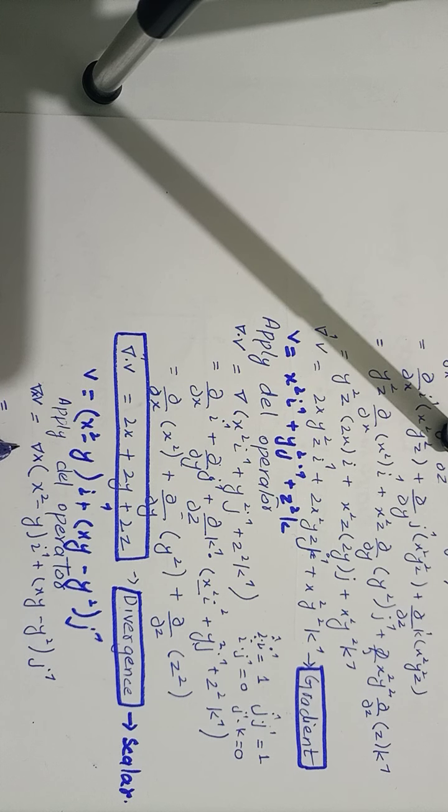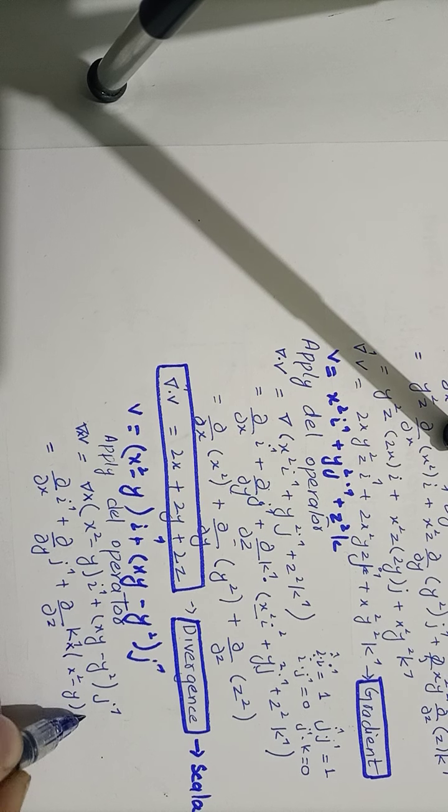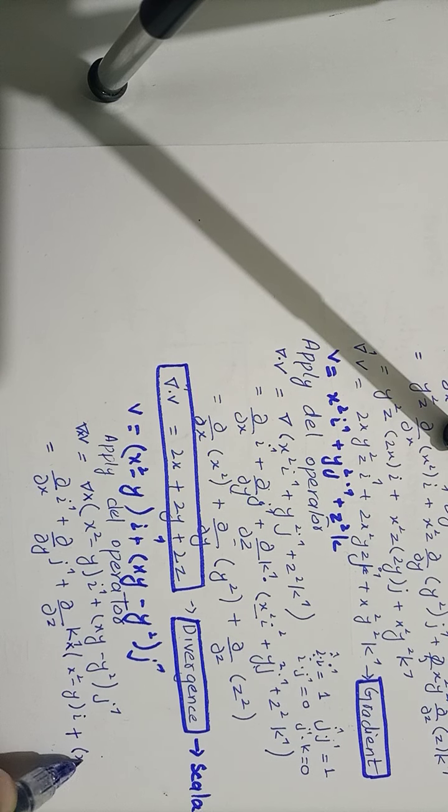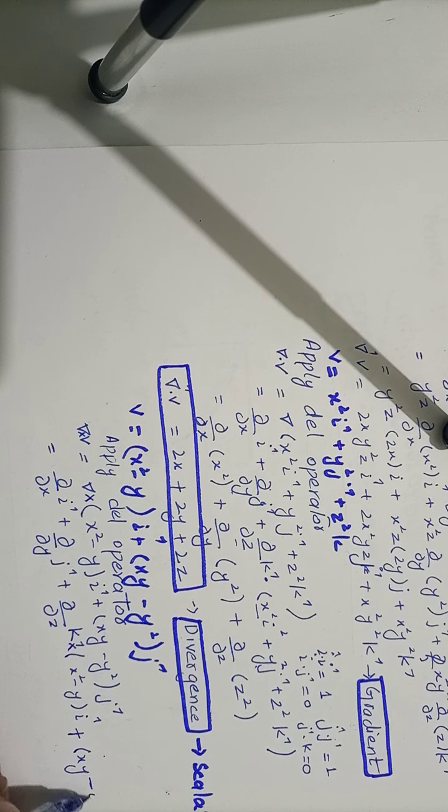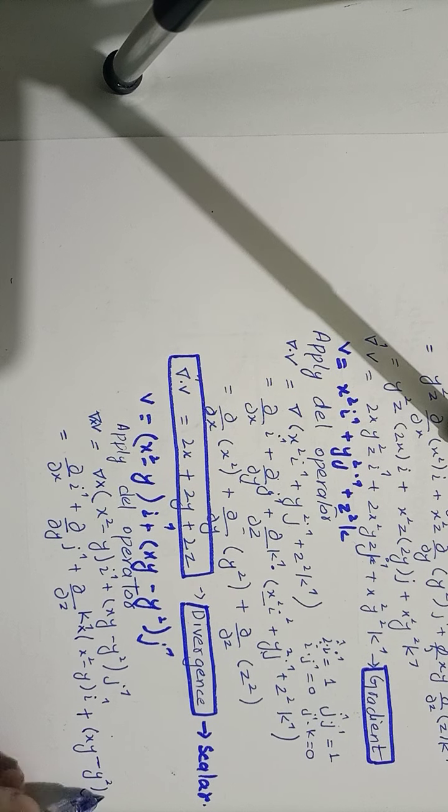Put the value of del: partial over partial x i plus partial over partial y j plus partial over partial z k, cross (x squared minus y) i plus (xy minus y squared) j.